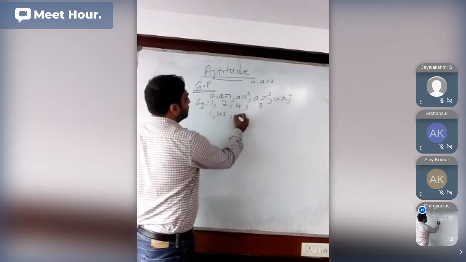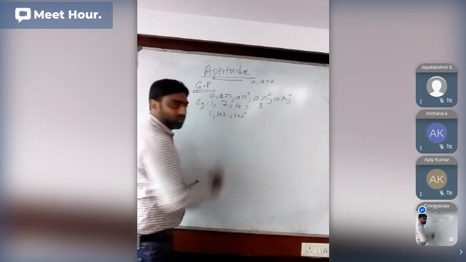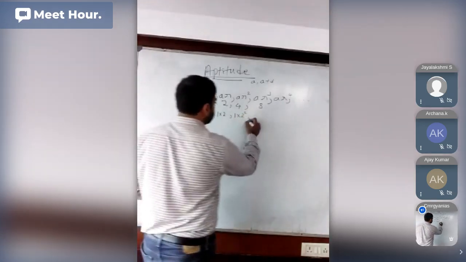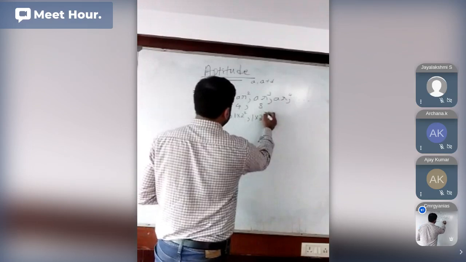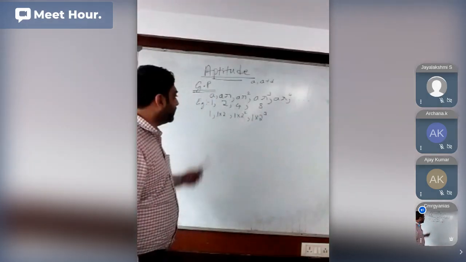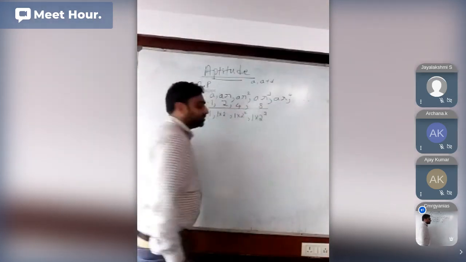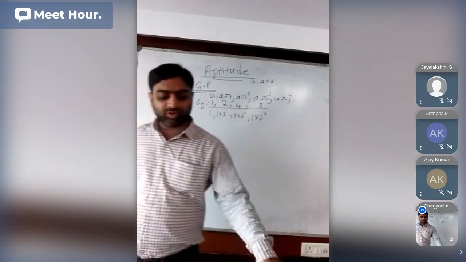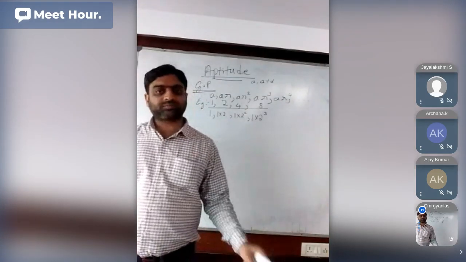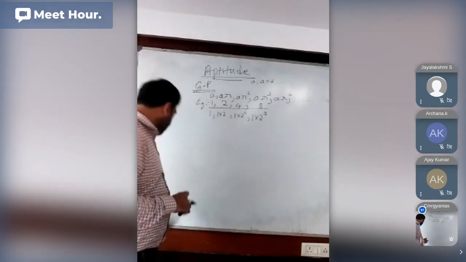So this one into 2 square, that is 4. This one into 2 cube, that is 8. So it goes on. This is the example of a geometric progression.